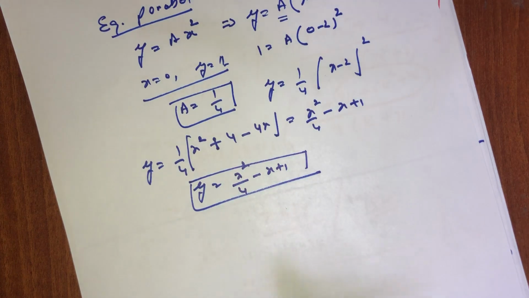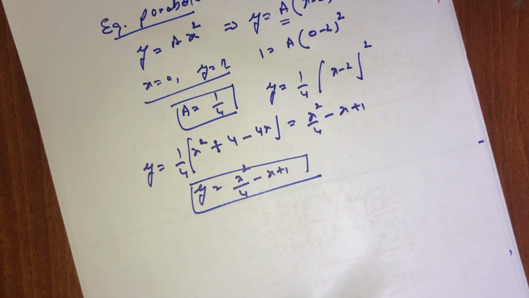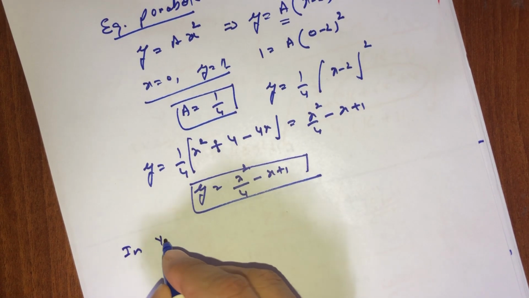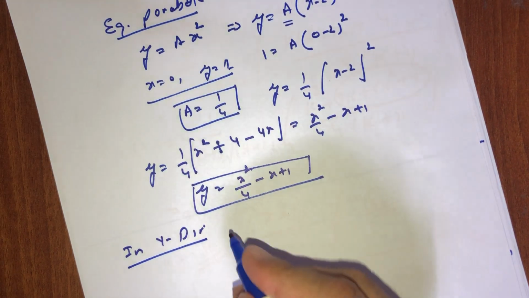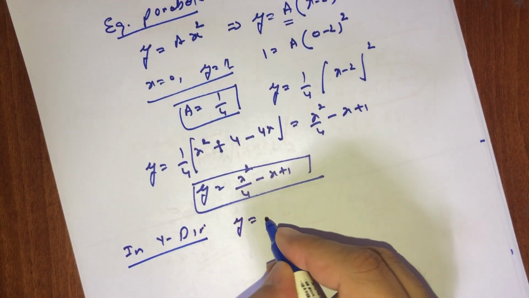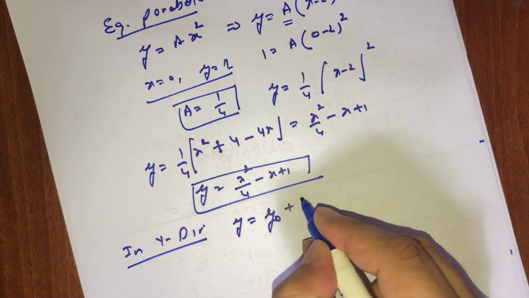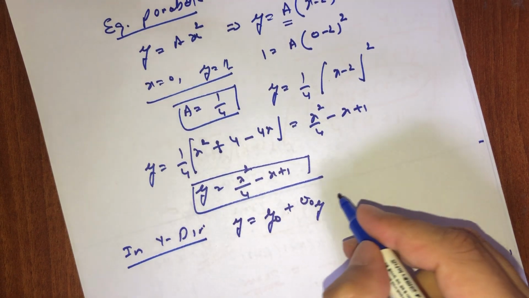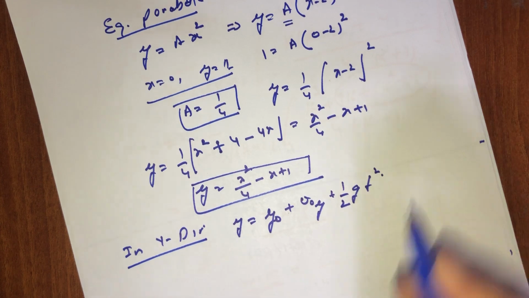Now the rest of the procedure is similar. First we find the motion in the y direction. In the y direction, y is equal to y naught plus v naught y t plus half g t square.